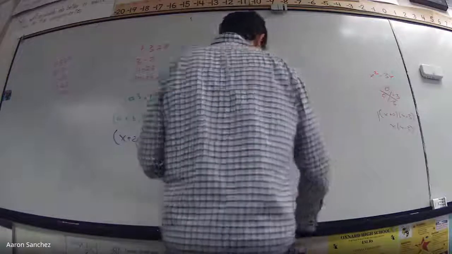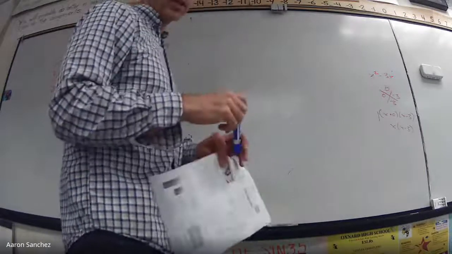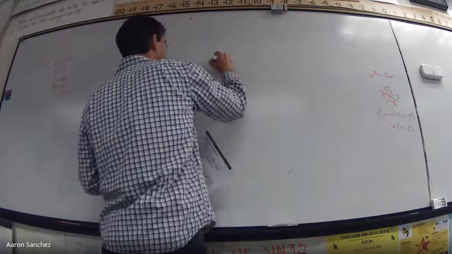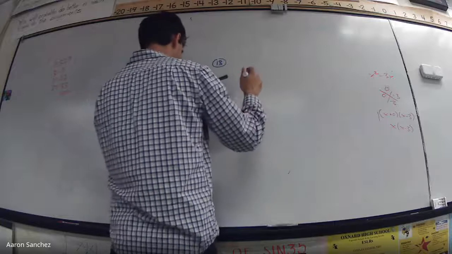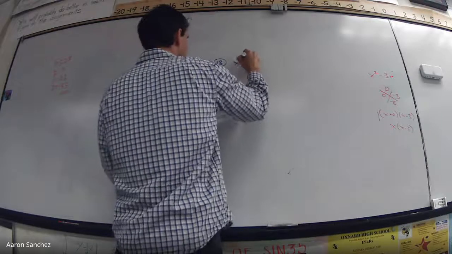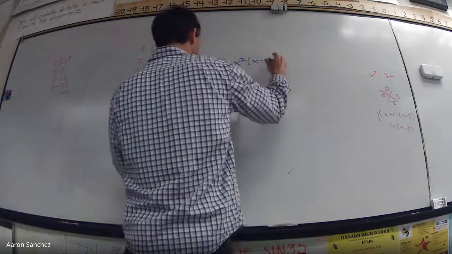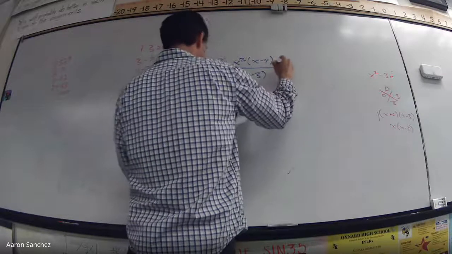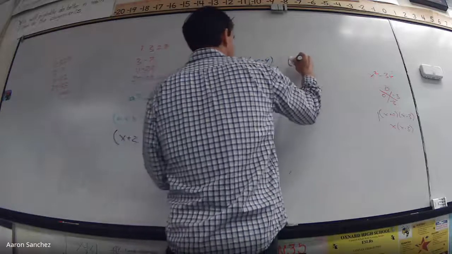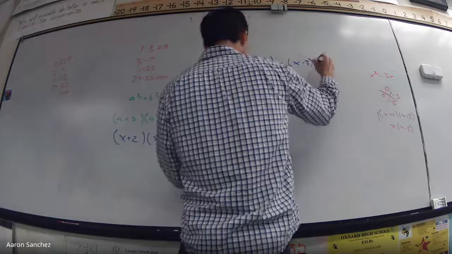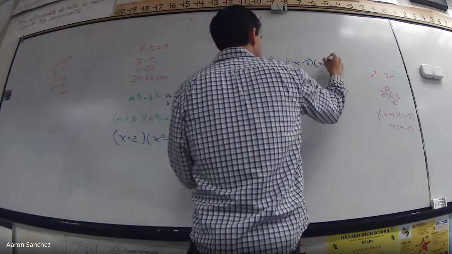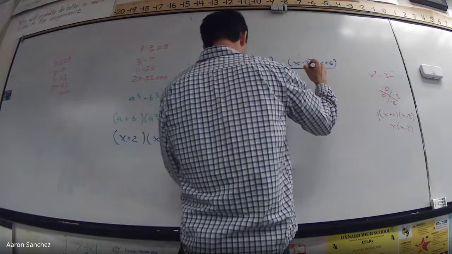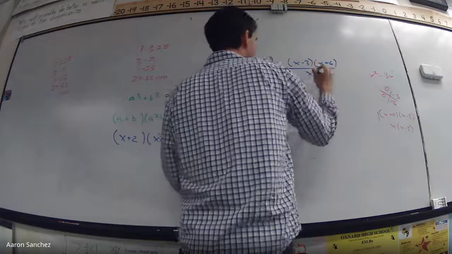Okay, now, I'm going to do this one very quickly, number 13. Okay, so 13, here we go. 13 is x squared, x minus 4 over x minus 3 times x minus 3 over x plus 6 all over x cubed.